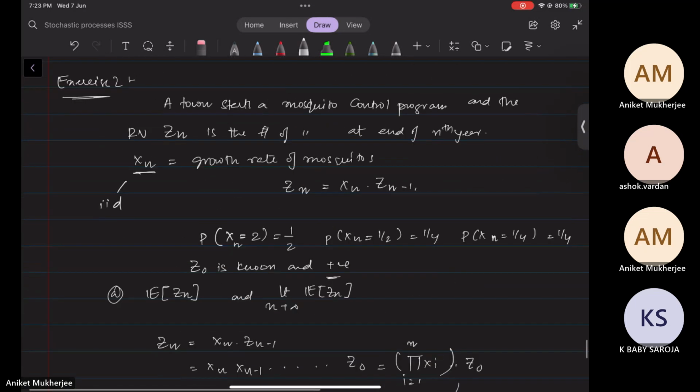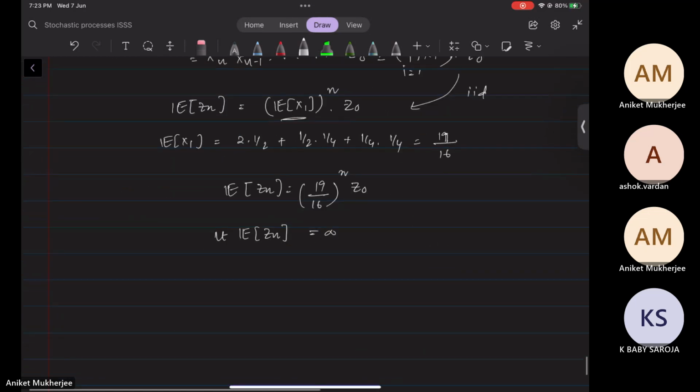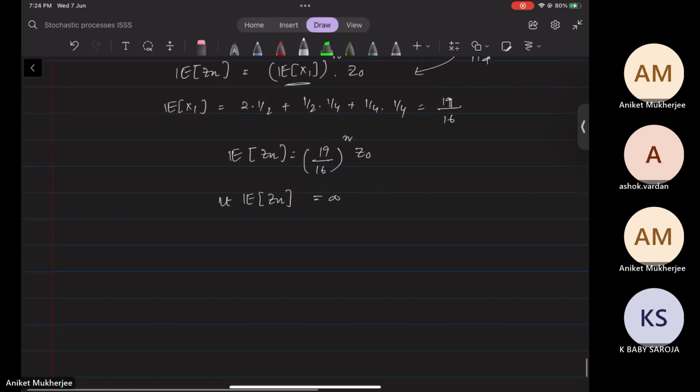This is positive and greater than 0. Because if this were 0, then the expectation of Xn would be 0. There would be nothing to grow. So using these two, we can't say anything about how successful the mosquito control program was. This does not imply anything on what the limit of Zn converges to.